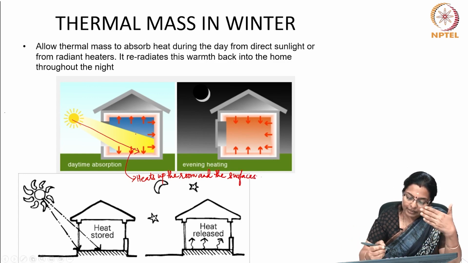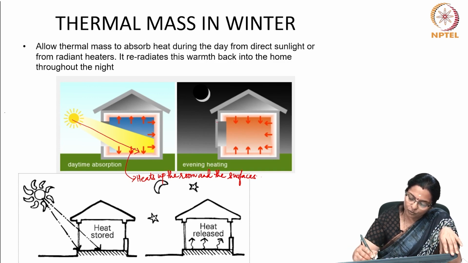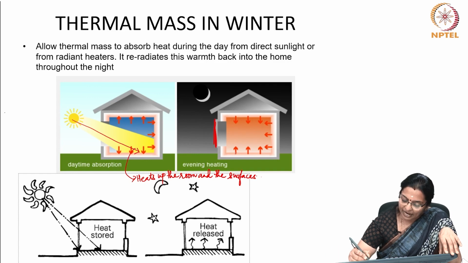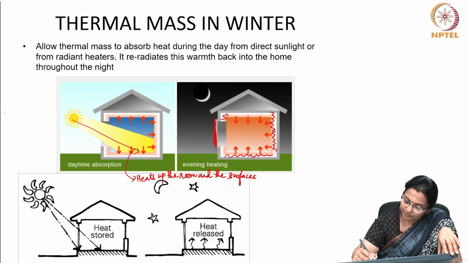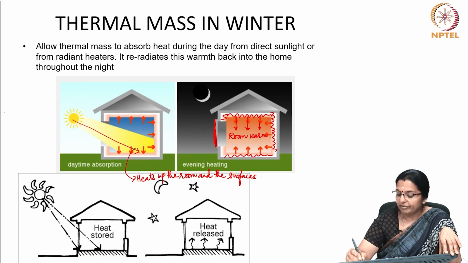Then, since it is cold outside, at night you close the windows, and whatever was absorbed by the floor and the walls is radiated back into the room, keeping the room warm during winters.